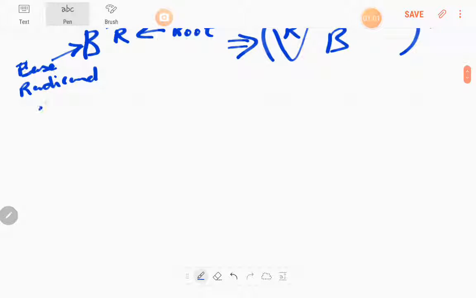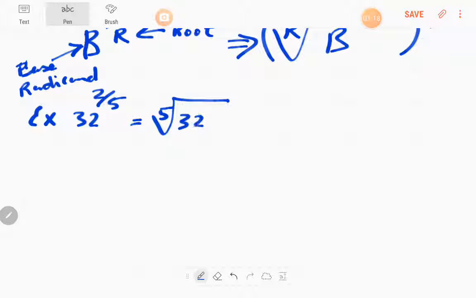Okay, let's look at an example. So for example, if we have 32 to the 2/5 power, then we're going to have a root of 5. The 32 would become the radicand. And then when we're all done, we raise it to the second power. Now recognize that 32 is 2 to the 5th power, right?